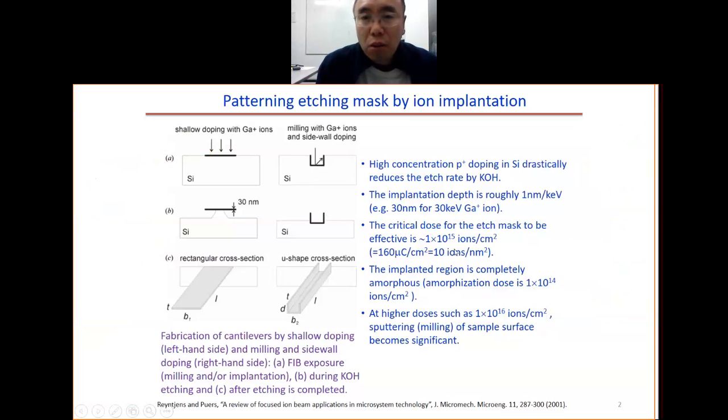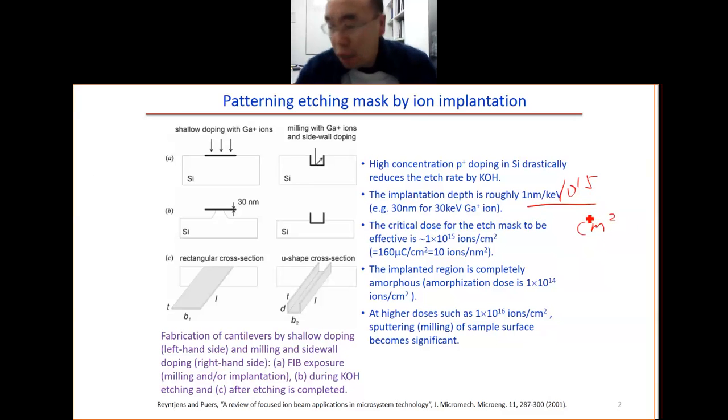Now let's look at the dose. The critical dose to make it heavily p-doped is 10 to the power 15 ions per square centimeter. Then the concentration will be 10 to the power 15 divided by the depth, which is about 30 nanometers.